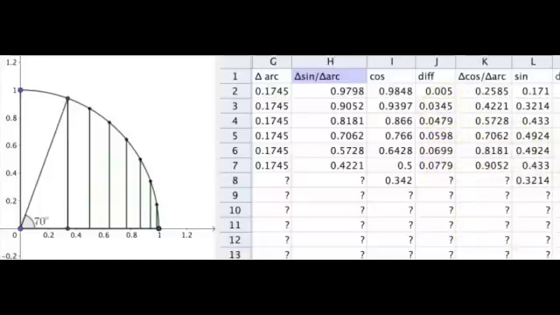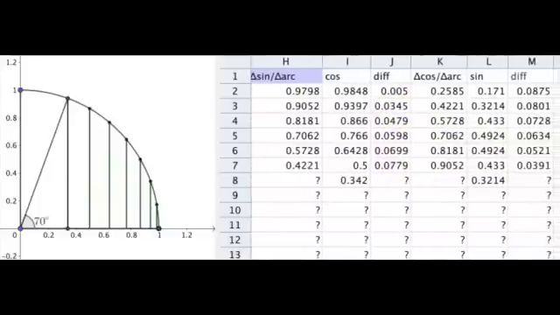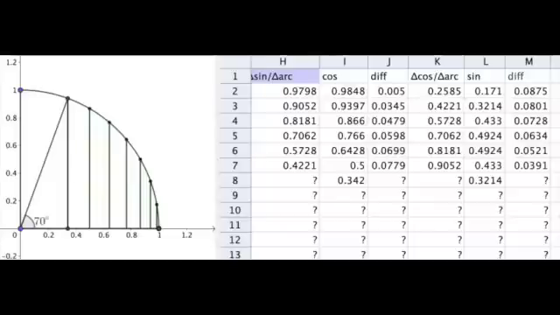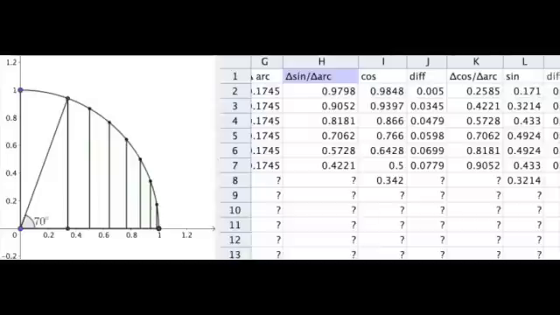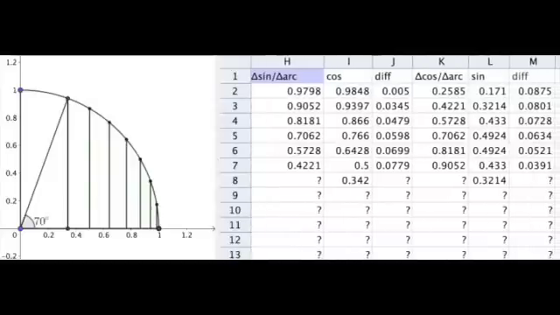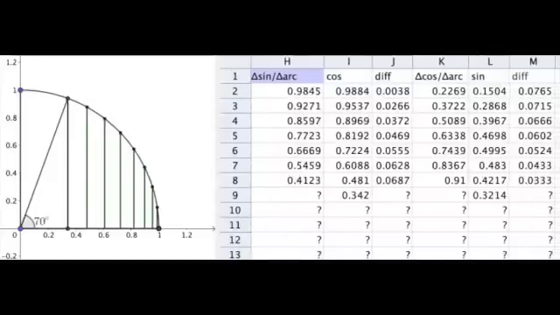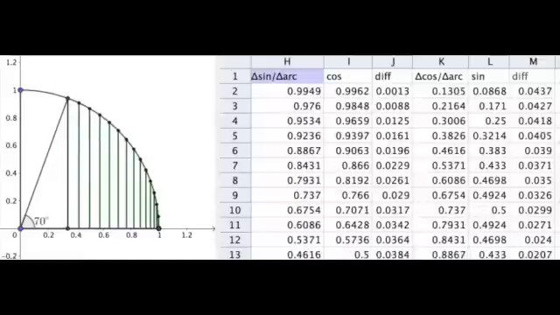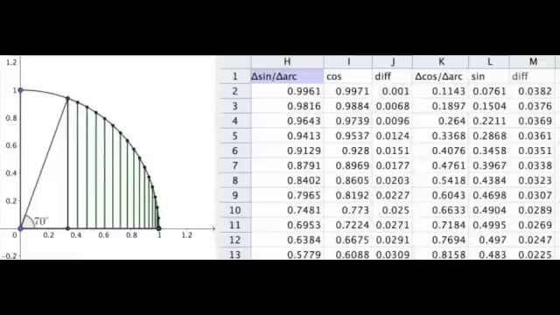And the same thing happens if you take the change in cosine and divide it by the arc length, it's very close to what the sine was. And it gets even closer if I increase how many pieces I'm breaking the angle into. So here I'm breaking it into 16 pieces.